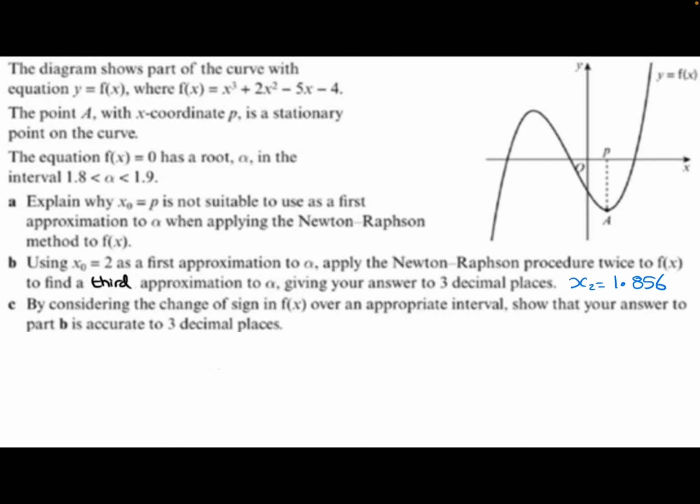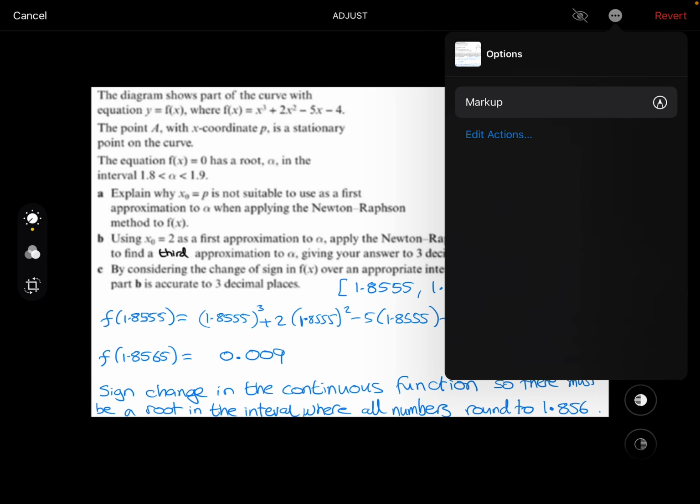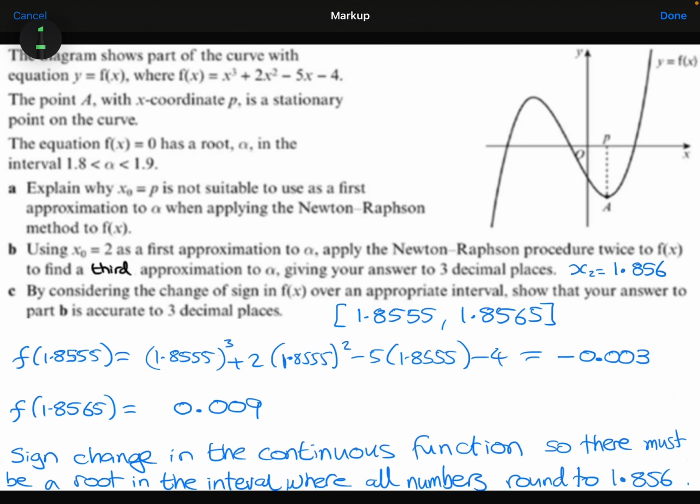Our suitable interval will be the upper bound and the lower bound of 1.856. The lower bound of 1.856 is 1.8555, and the upper bound of 1.856 is 1.8565. So I substitute both of those into my function to look for the change in sign that is going to imply a root, because the function will equal 0 in between those, hopefully.